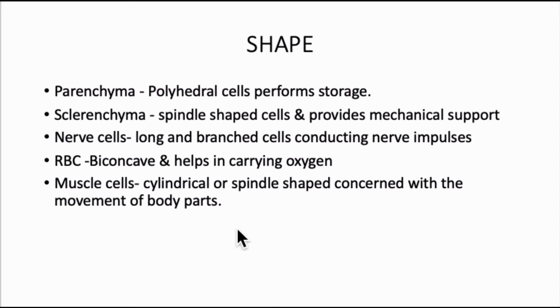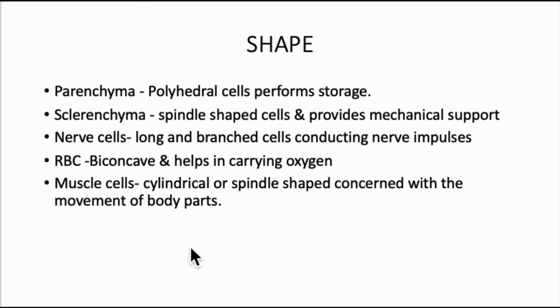If you look at nerve cells, they are long and branched. And again, their job is to conduct nerve impulses. Whereas a red blood cell is biconcave, and its job is to transport oxygen and carbon dioxide, blood gases. Muscle cells, on the other hand, have a very different shape in that they're cylindrical, and their job is to contract.